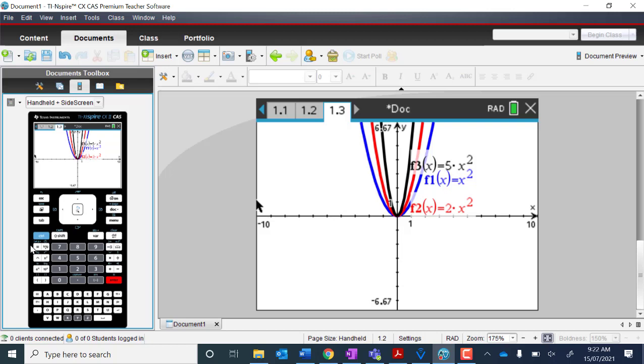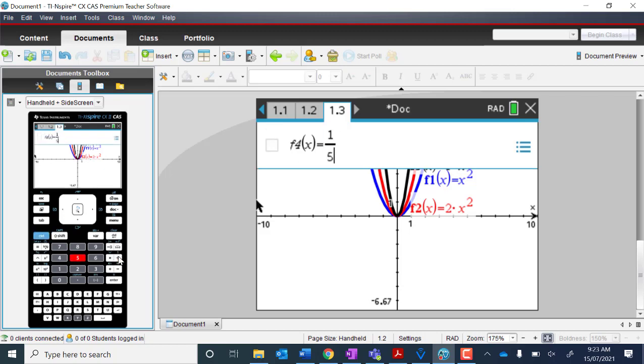However, what about if I go down, and if I look at a fraction, instead of 5x squared, what about 1 over 5x squared? So we're talking about it being less than 1. Well, if values of A get larger, it makes it thinner. Maybe if we're compacting it, maybe it's getting, for example, let's do this. Let's do control and divide, and let's do 1/5 x squared.